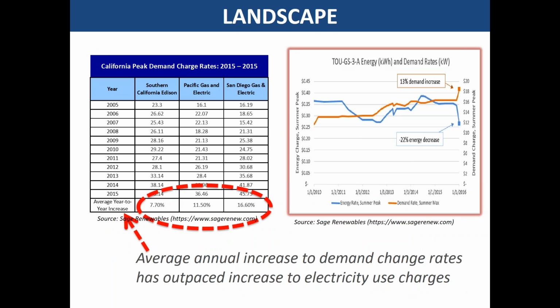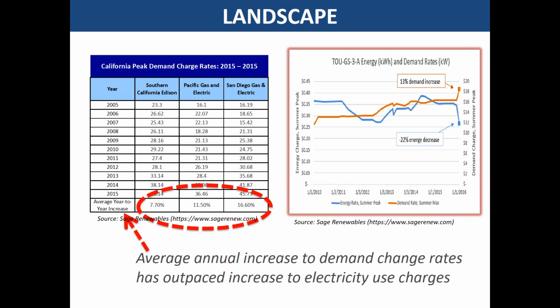In addition to the TOU rate changes, there are also other factors that affect feasibility. Seth again mentioned the demand charges, and what we have seen is that demand charges have been consistently on the rise for some time now. Over the 10-year period between 2005 and 2015, within the California IOU jurisdictions, the average annual increases ranged from 7% to over 16%.